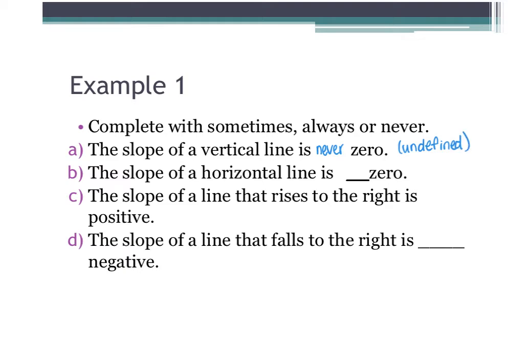The run will be 0, but the actual slope is undefined. The slope of a horizontal line is always 0. The slope of a line that rises to the right is always positive. And the slope of a line that falls to the right is always negative.